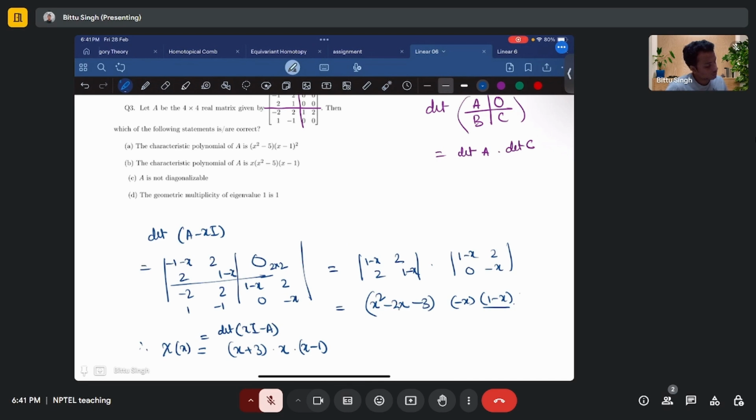Now minus 3 can be written as minus 3 plus 1. That's why we have the factorization x minus 3 and x plus 1. So this is x into x minus 1.